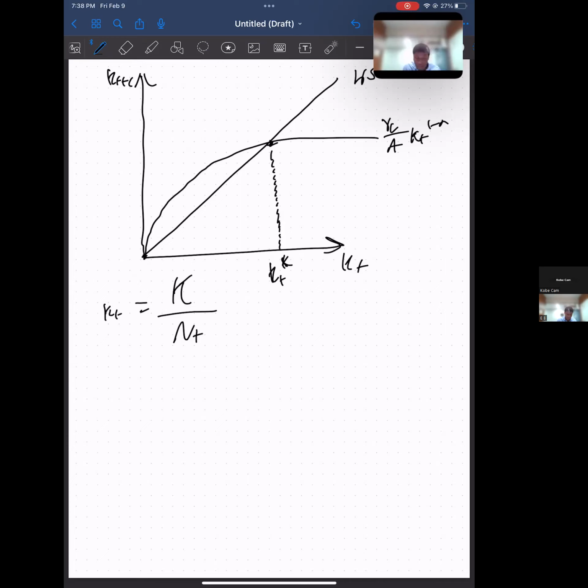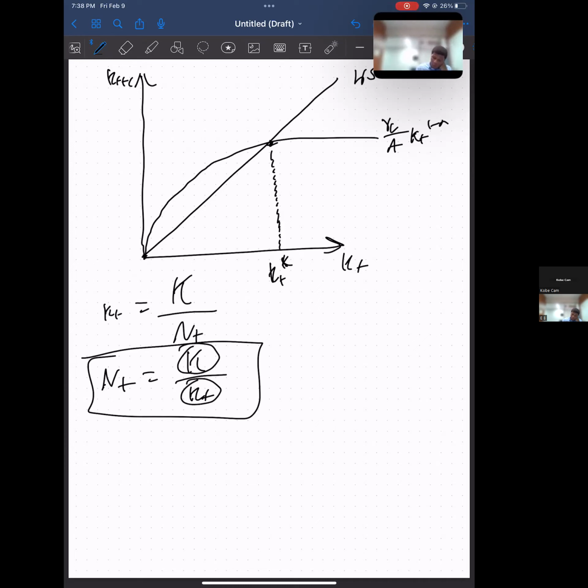So technically, we can manipulate this and say N_t is equal to big K divided by k_t. Okay, that's a start. That's not what it is in the steady state, right? This is the equation for N_t. How do we get the steady state? Well, remember, this doesn't change. This does change. If we want to find the steady state for N_t, we're going to need to find the steady state for capital per capita.